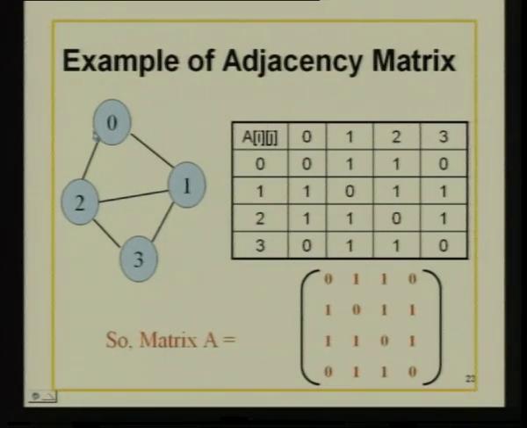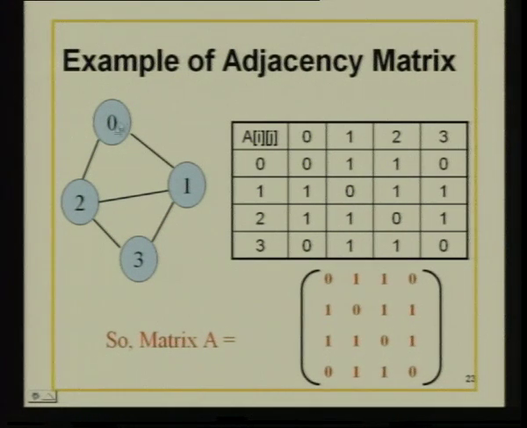This is an example in terms of a_ij. Now, let us take another example, with nodes 0, 1, 2, 3. Please note, in this case we have 0 to 2 and 2 to 0. This is a case of an adjacency matrix representation for an undirected graph.